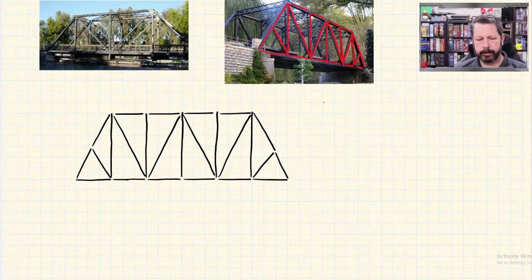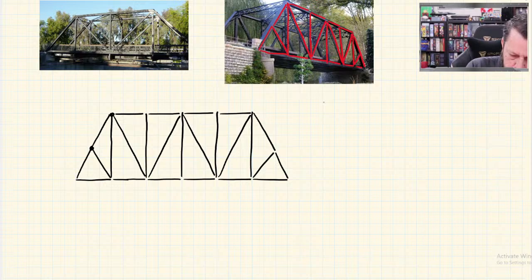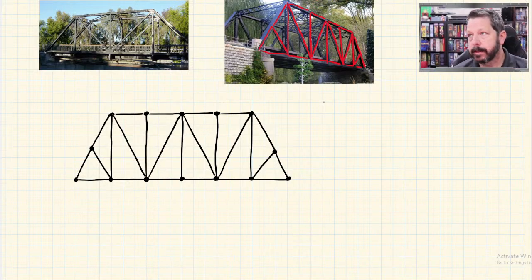So there's our truss, and then each one of these is a joint. I'll just draw a circle for the joints. So this would be our diagram of what we would analyze if we were trying to analyze that truss on the right using method of joints or method of sections.